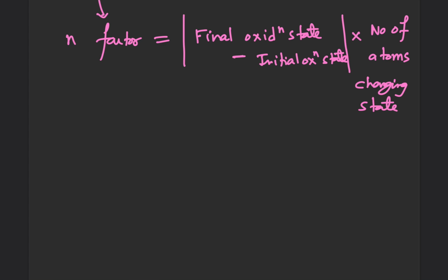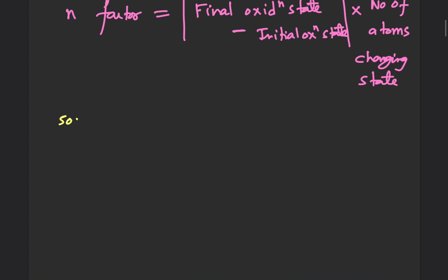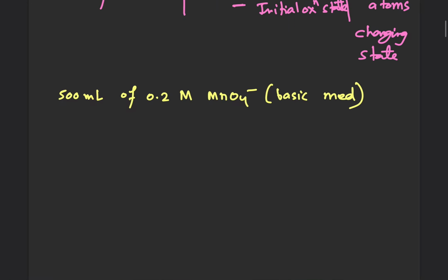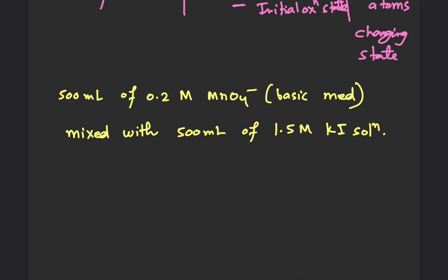question. And it is given to us that 500 ml of 0.2 molar MnO4 minus in basic medium is mixed with 500 ml of 1.5 molar KI solution.